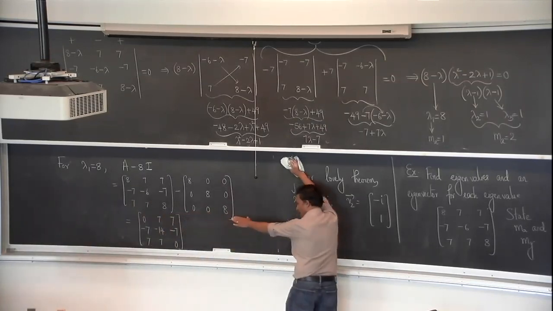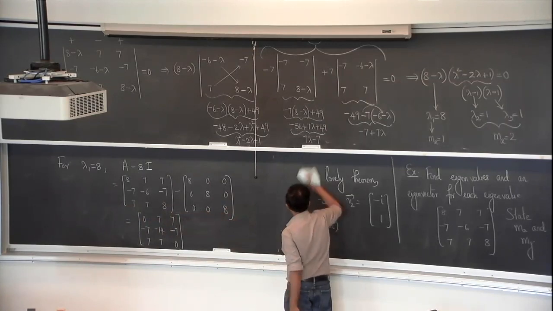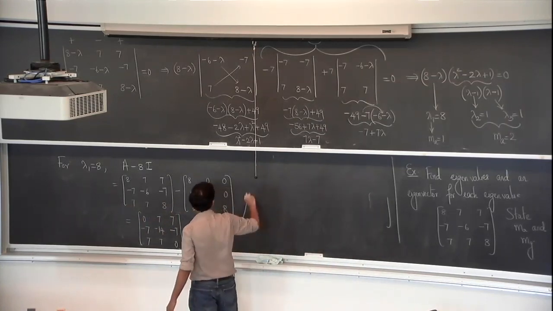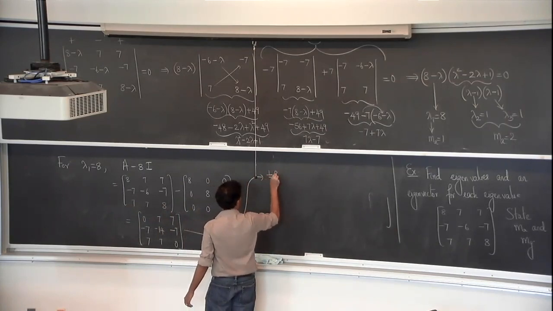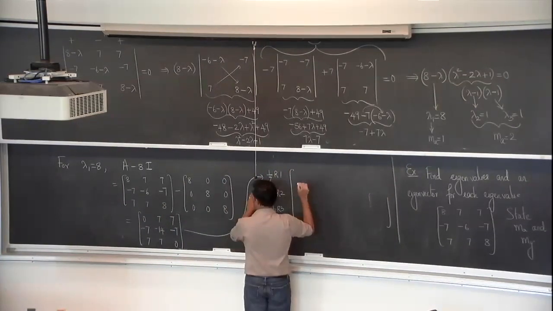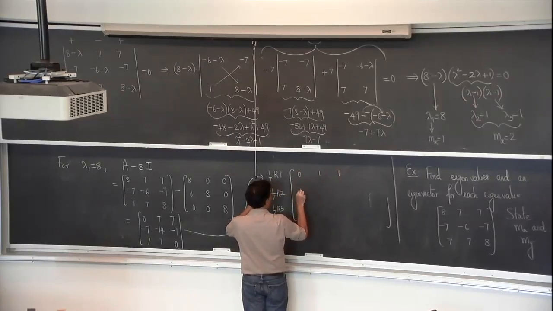Now that is not too bad because everything is a multiple of 7. So let's just divide all the rows: 1/7 R1, -1/7 R2, and 1/7 R3. You get 0, 1, 1, 1, 2, 1, 1, 1, 0.